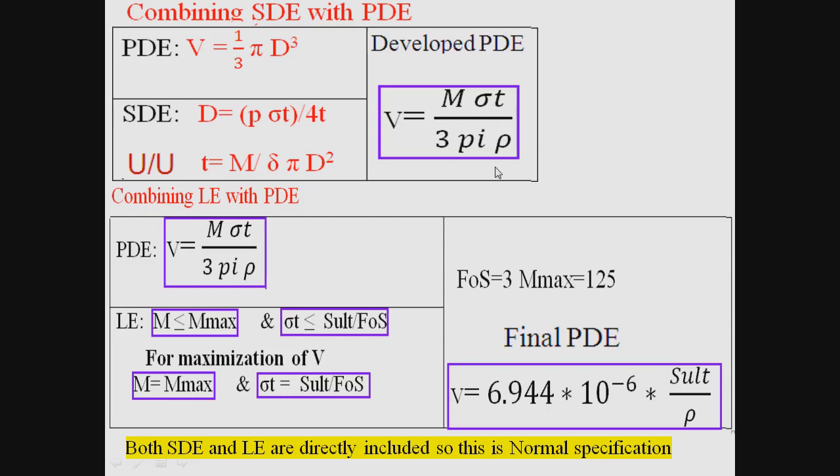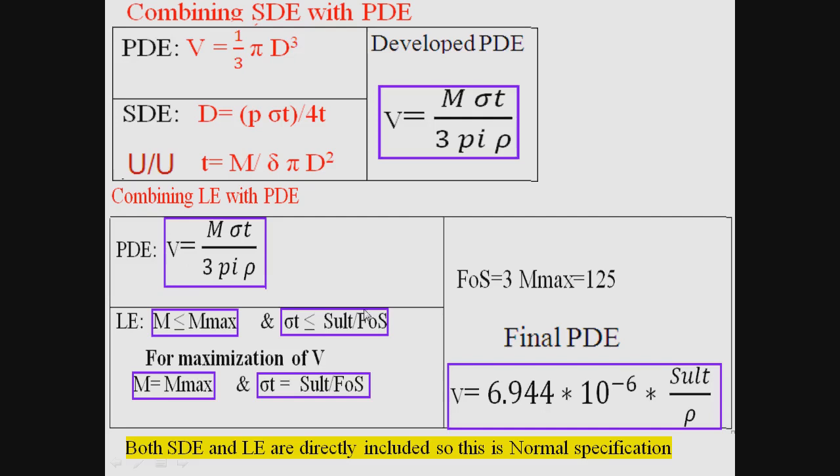We are going to get the equation V is equal to M into sigma T divided by 3 into P into rho, where M is the mass, sigma T is the stress induced, P is the internal pressure, and rho is the density.